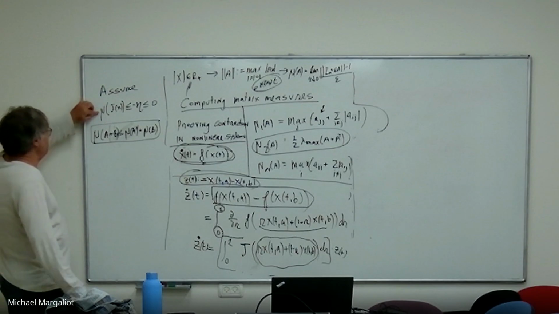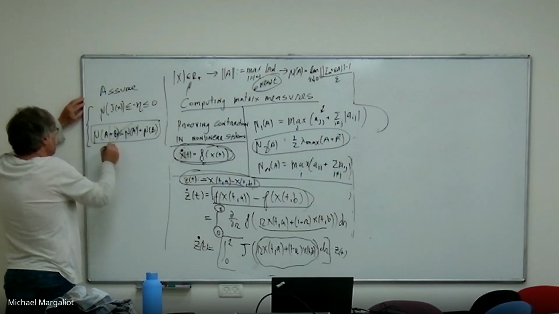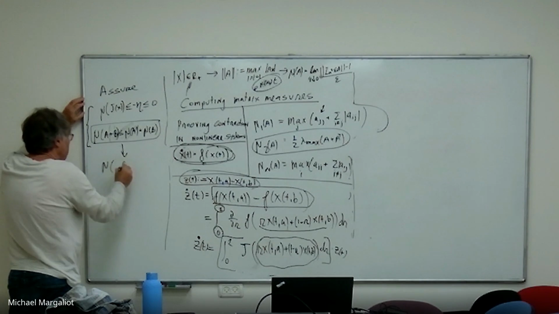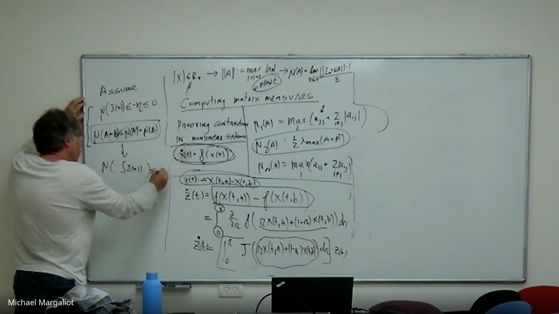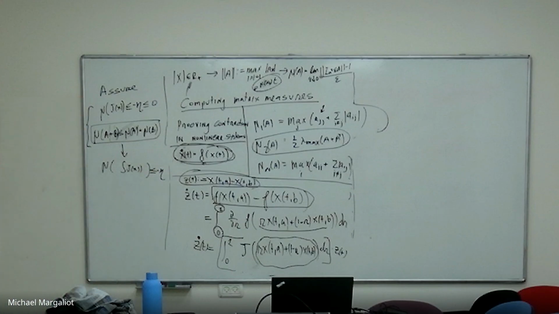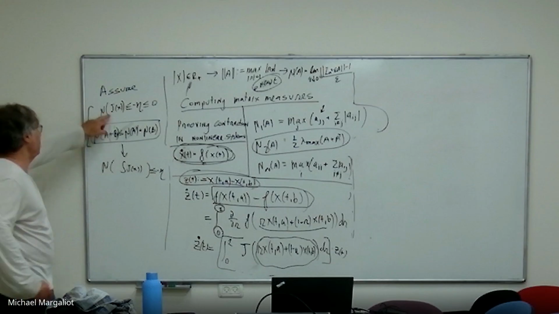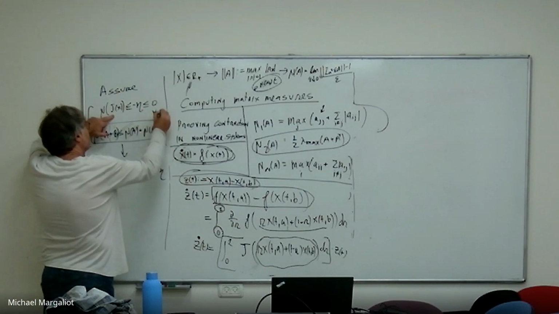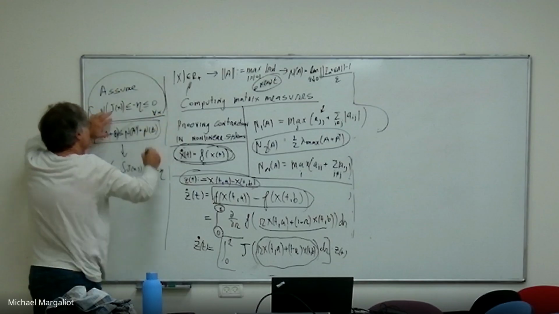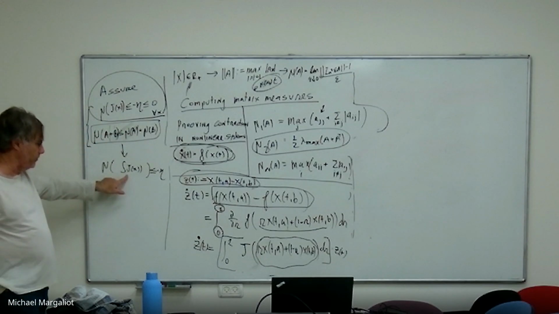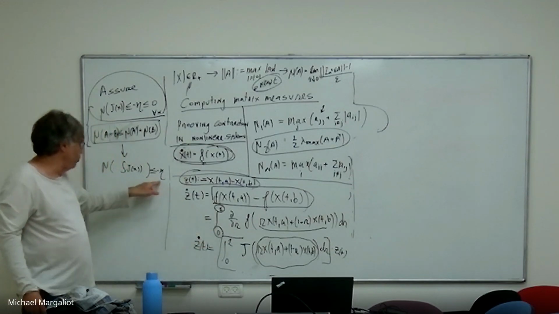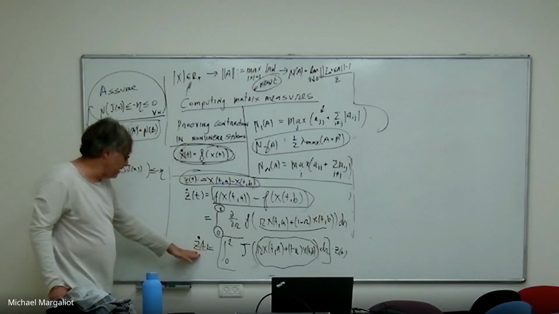Now, if these two hold, then the conclusion will be that the integral will also be smaller than minus zeta, because the integral is nothing but a sum of many matrices. If this holds for every x, then using sub-additivity that carries over to integrals, I conclude that this is smaller than minus zeta.